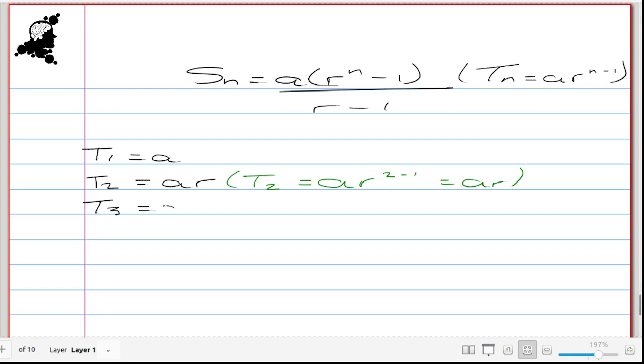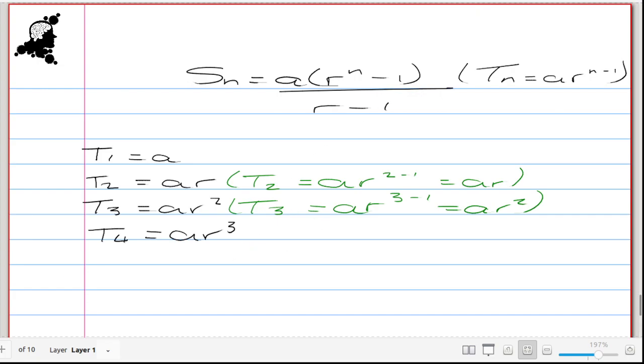T3 is equal to ar squared. Basically, I'm taking the second term and multiplying it by r, so ar times r gives us ar squared. If that confuses you, then T3 is equal to ar to the power 3 minus 1, which gives you ar squared. If you want to, you can determine the fourth term. T4 is equal to ar cubed.